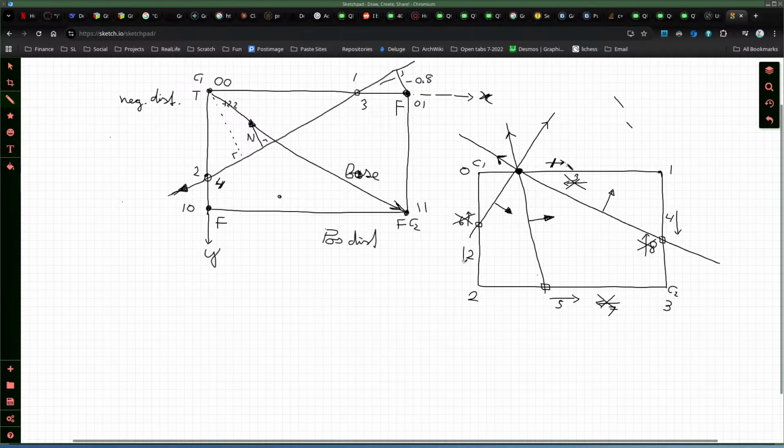So 1 points this way, and for the first point to be added, I want the current point, so the outer loop corner, to have a negative distance. Yep, so first, an S here.